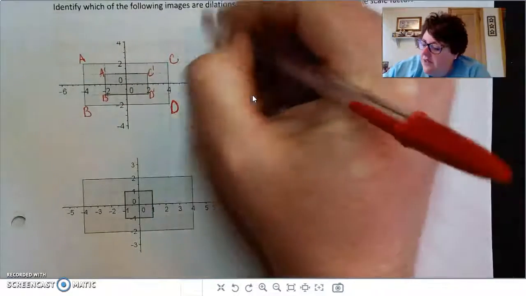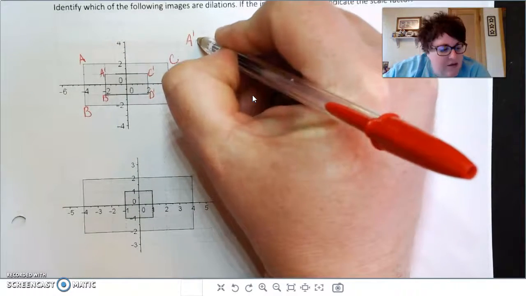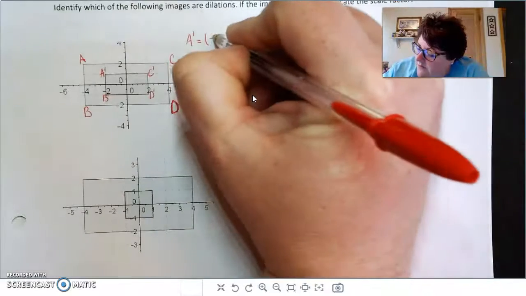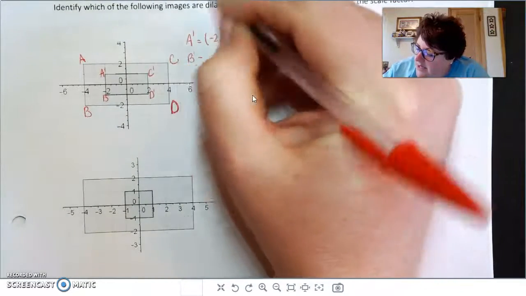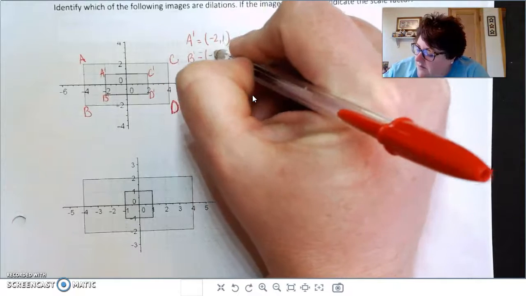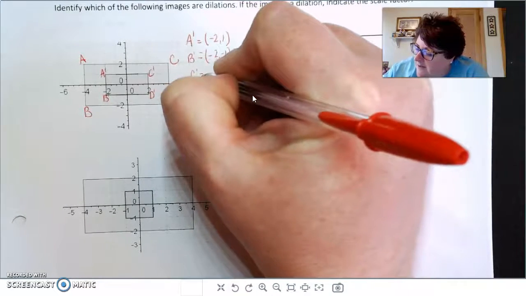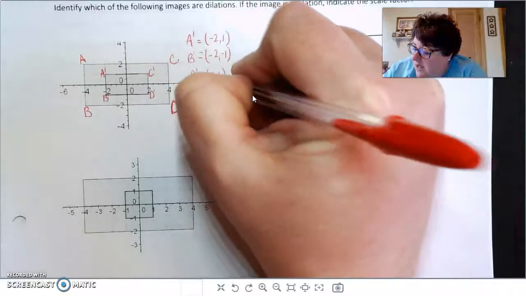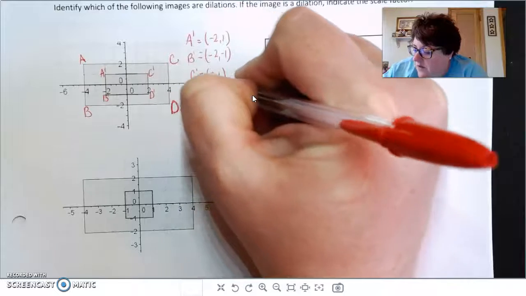If I look at the coordinates, A prime is -2, 1. B prime is -2, -1. C prime is 2, 1. And D prime is 2, -1.